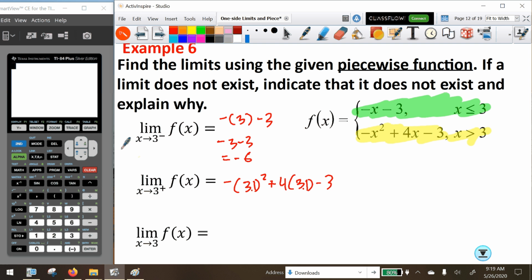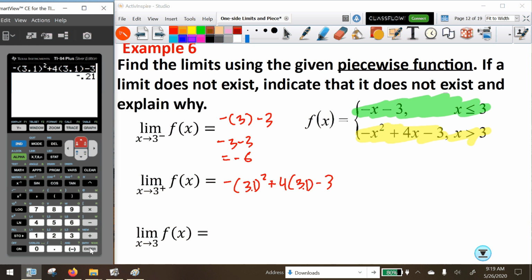How does this function behave? Negative x squared, so we just plug in 3.1 for x. All right, I'm going to evaluate this and see what I get. This is approaching negative 0.21.